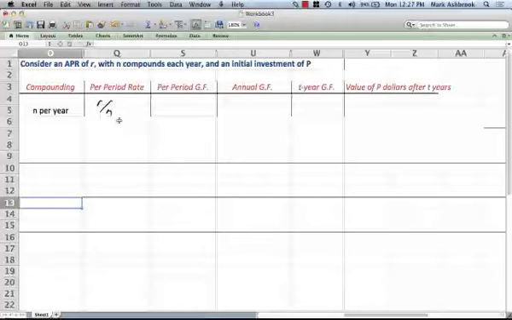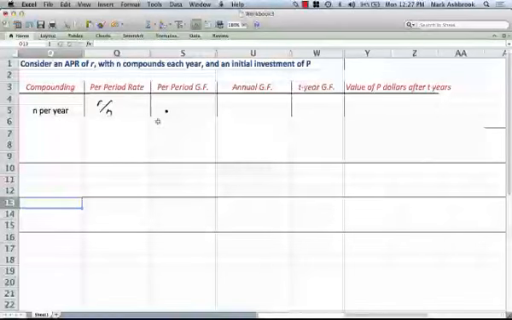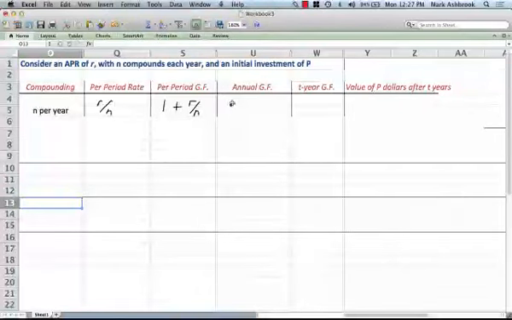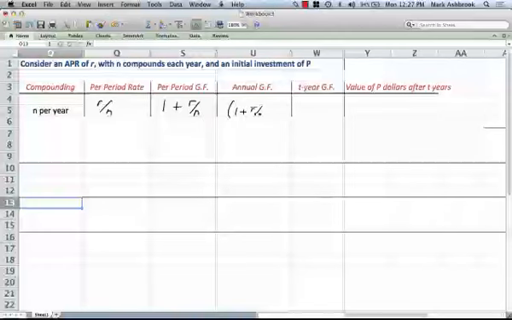All right, you're doing good. Keep going. What's the per period growth factor? You would add that to 1. He wants 1 plus R over N. Yep. Keep going. So for your annual growth factor, you take R over N plus 1, and you take that to the Nth power. Why?